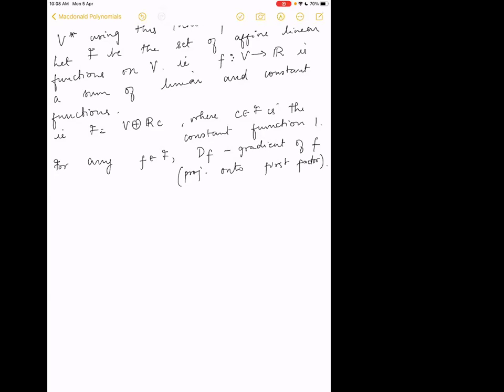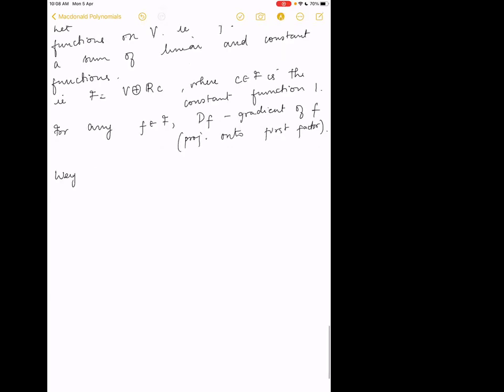And we may extend this inner product we have on V to F by setting the pairing between f and g to be equal to the pairing between df and dg, which are now elements of V.